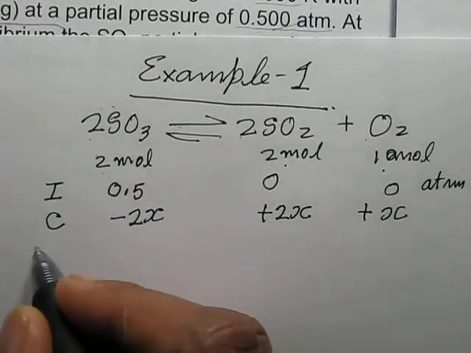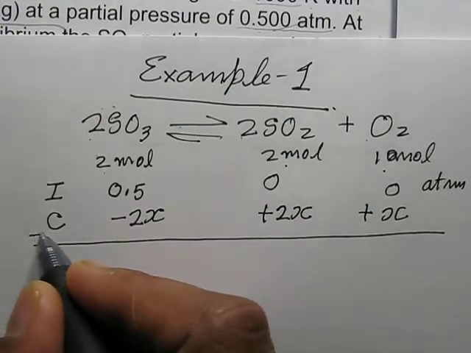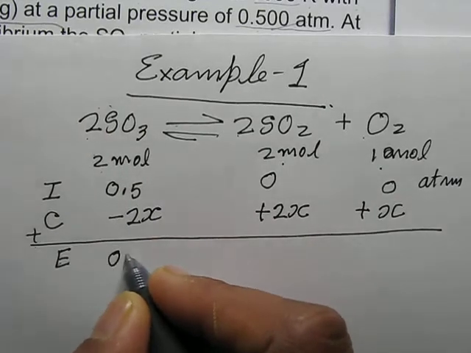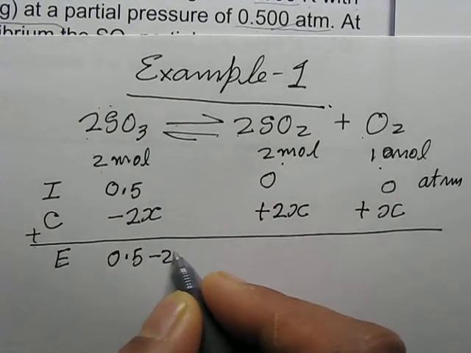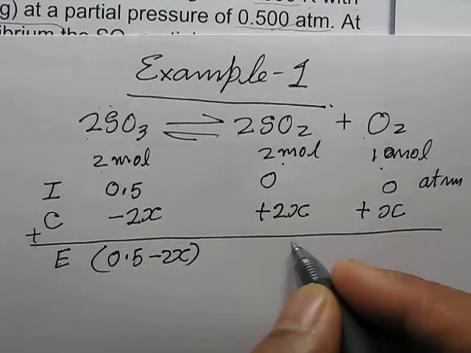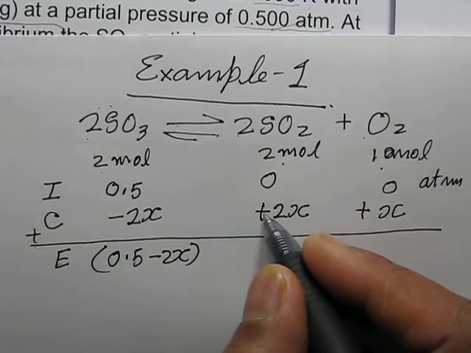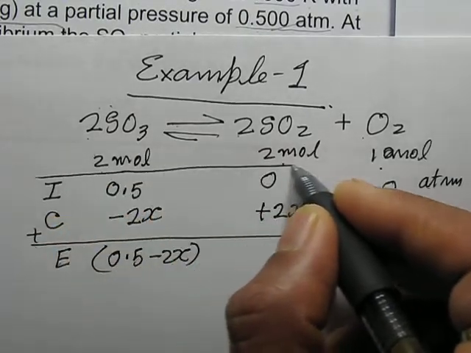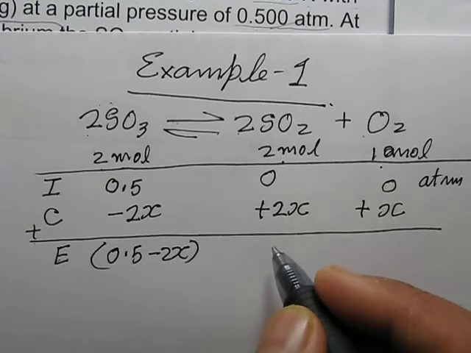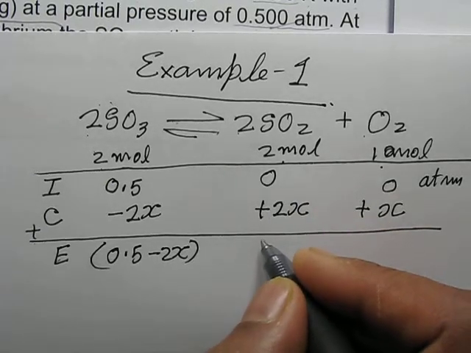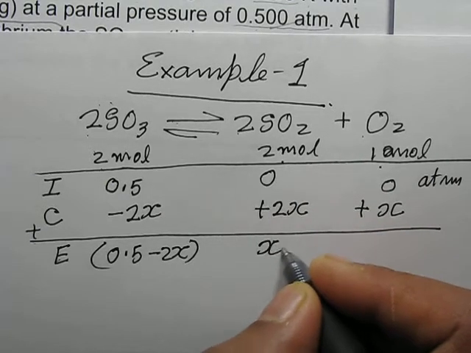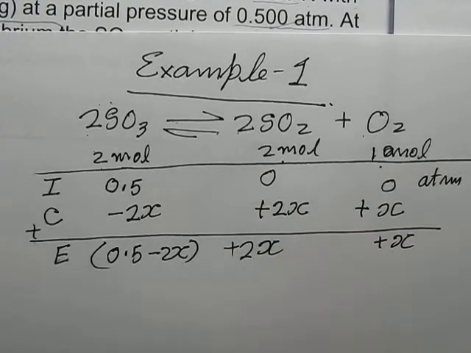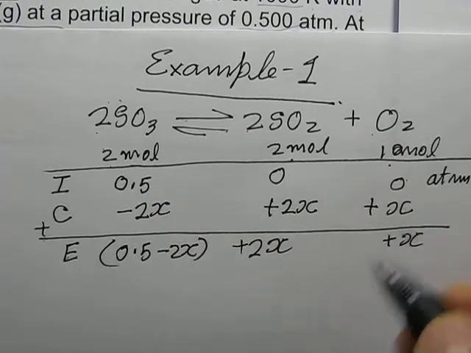Then we can combine these together and find the equilibrium concentration. So the equilibrium concentration will be 0.5 minus 2x, and here 0 plus 2x, so this will be 2x, and plus x when we add x plus 0.